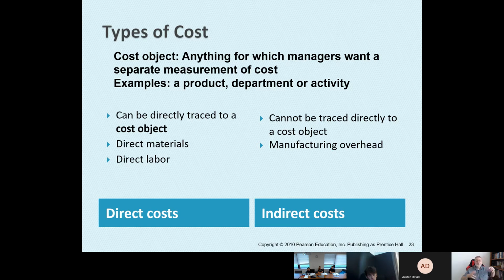costs. Some other things that go into that manufacturing overhead or indirect costs would be, in this case, now before we were looking at the SG&A, that's sales and general administration. Well, now we're pulling some of those costs out of the SG&A and putting them in our manufacturing overhead.